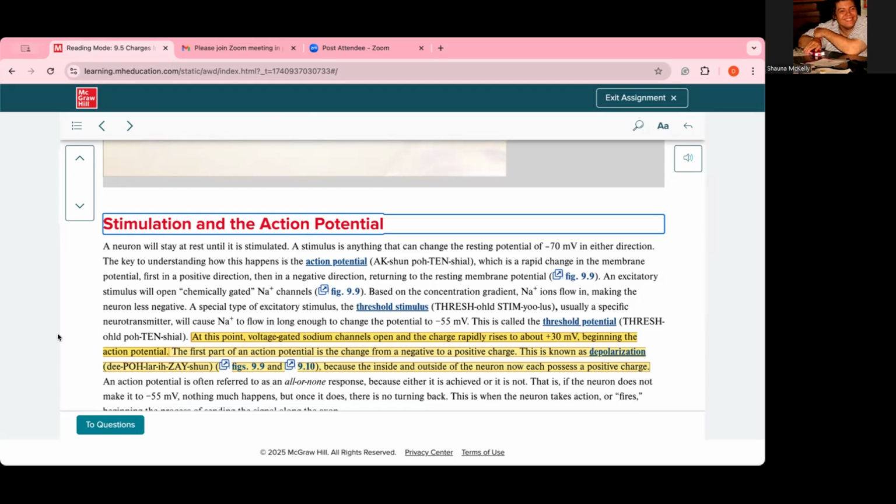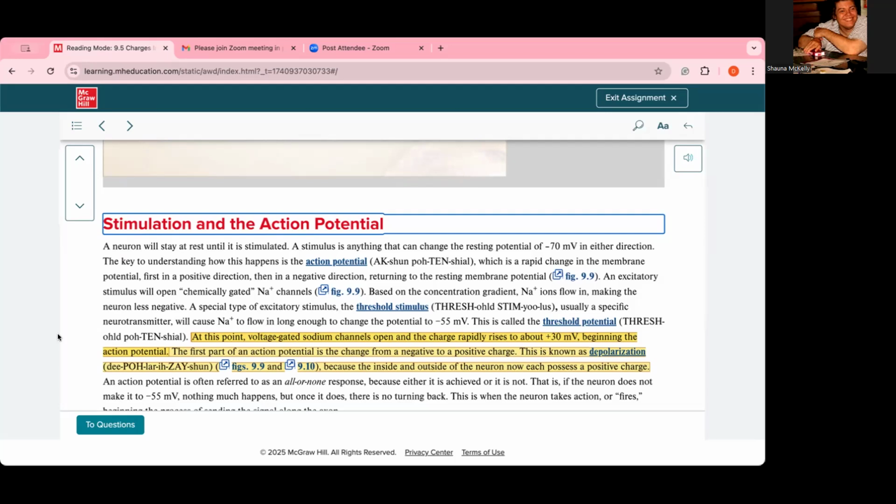An excitatory stimulus will open chemically gated sodium channels. Based on this concentration gradient, sodium ions flow in, making the neuron less negative. A special type of excitatory stimulus, the threshold stimulus, usually a specific neurotransmitter, will cause sodium to flow in long enough to change the potential to negative 55 millivolts.